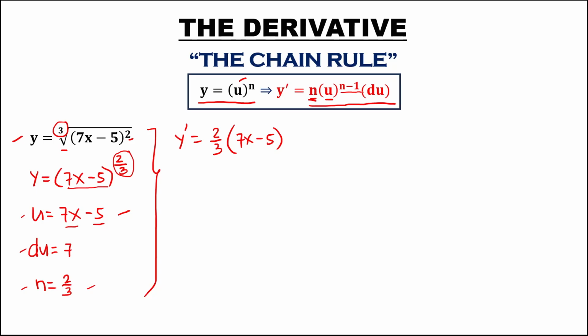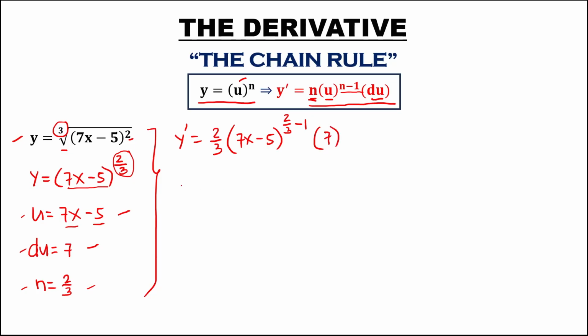Then we have n minus 1, so n is 2 over 3, then minus 1, then times du, and du is equal to 7.